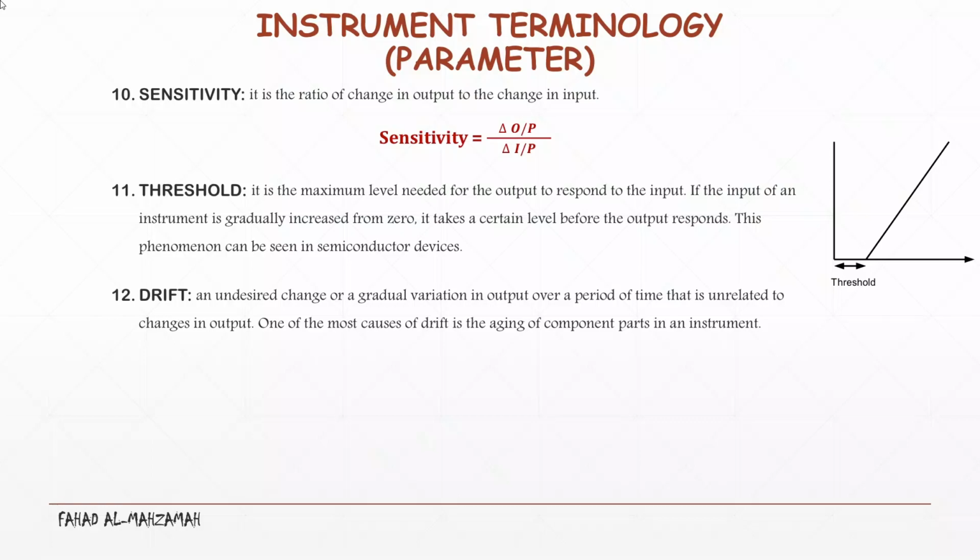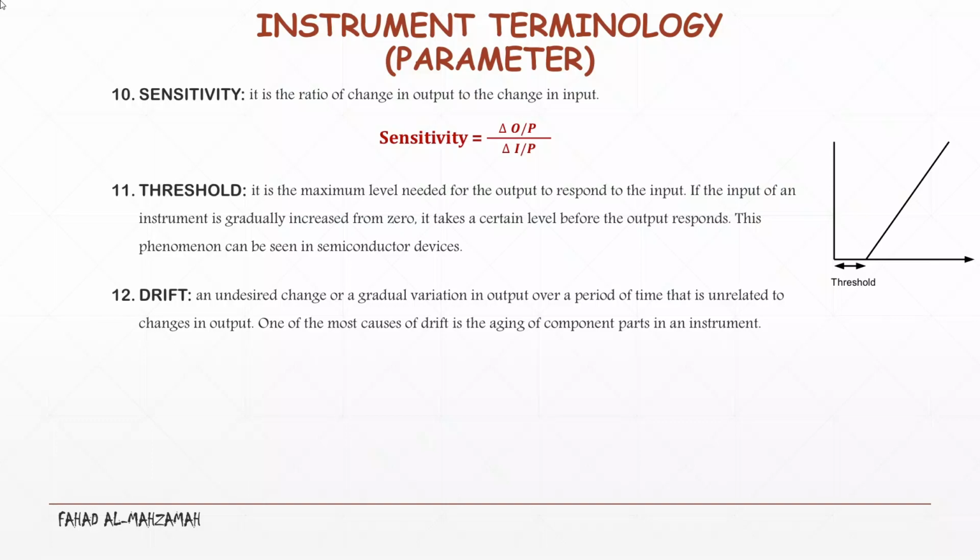Now drift is the undesired change, or variation, in the output over a period of time that is unrelated to the change in input. So if there is one value of the input applied for some period of time, and you have some drift error, the value will change after some time with the same input.